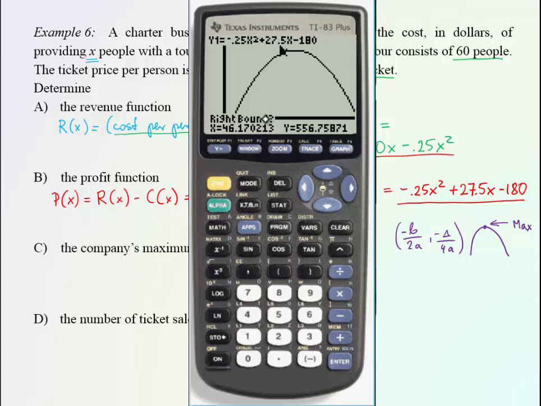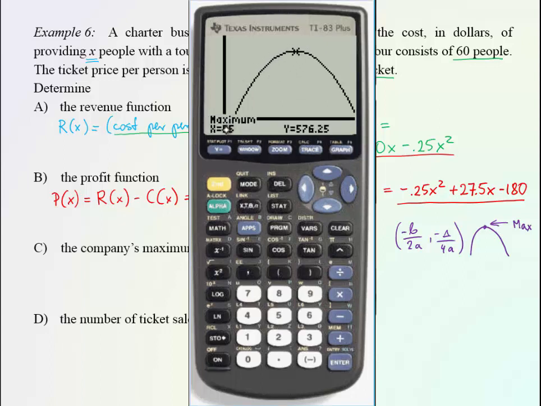Then the calculator asks for the right bound, so scroll till you go after the maximum and enter again. So this tells the calculator where to look for the maximum point. Okay, now your guess, you can scroll a little bit closer to the maximum that you think it is and enter again.